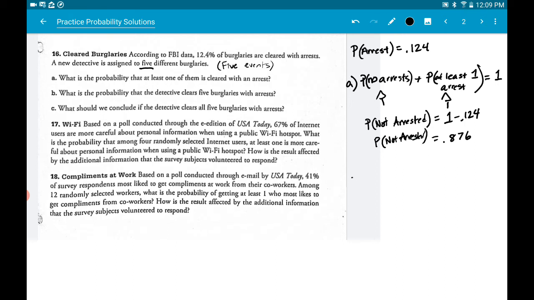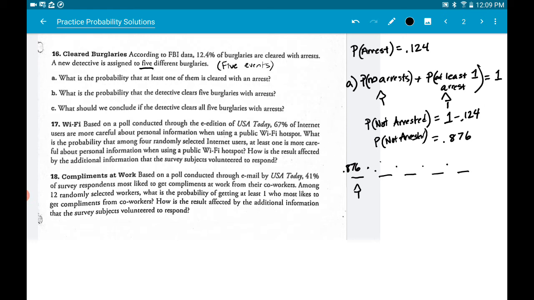And if you have 5 events, I tried to do this with license plate questions, passcodes, horse racing, all that stuff. But like this is your first case as the detective, and the probability of not making an arrest is 0.876.